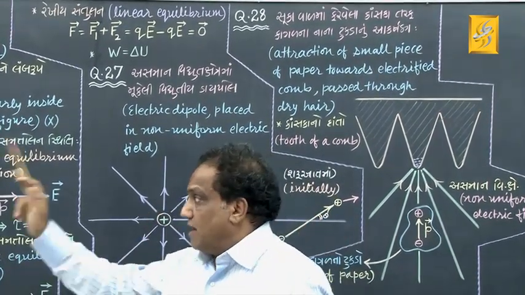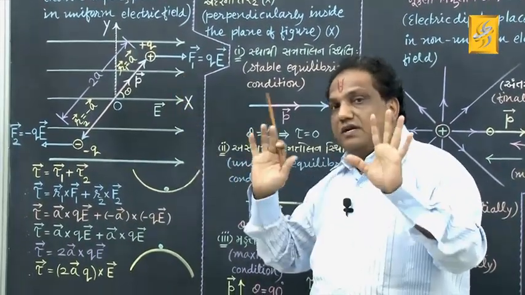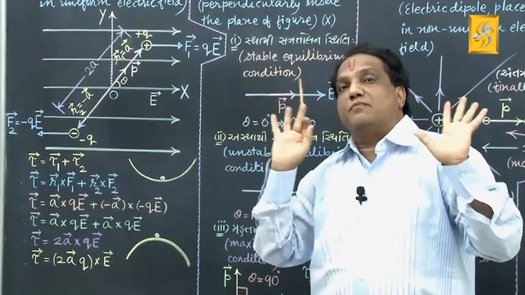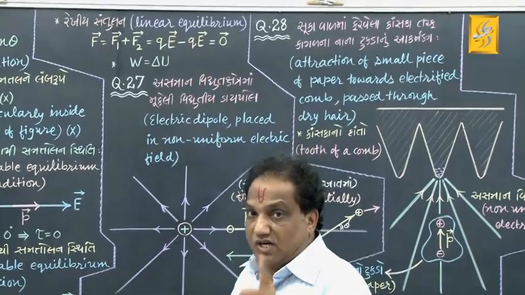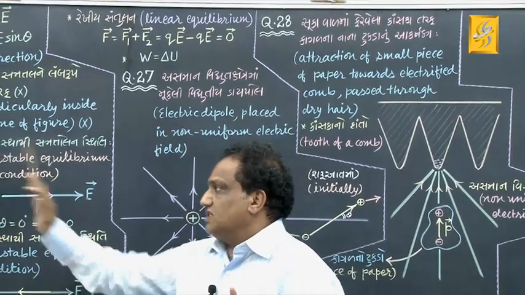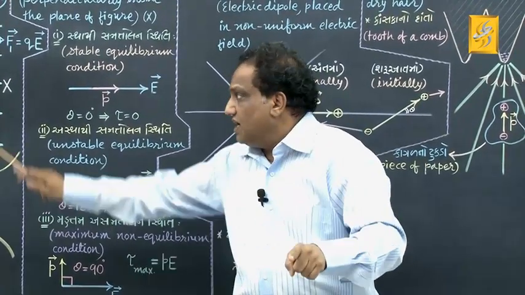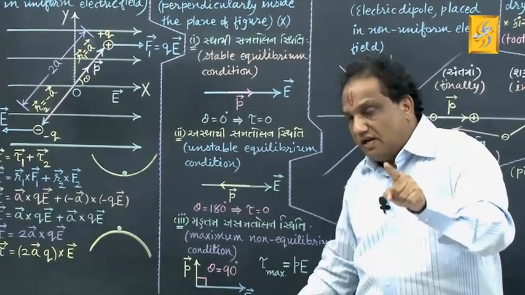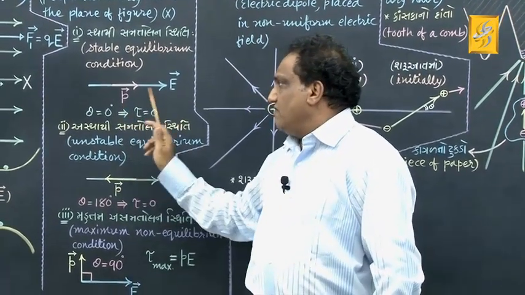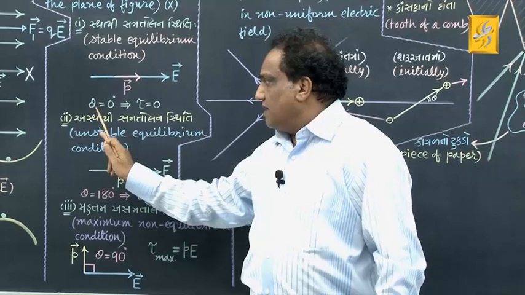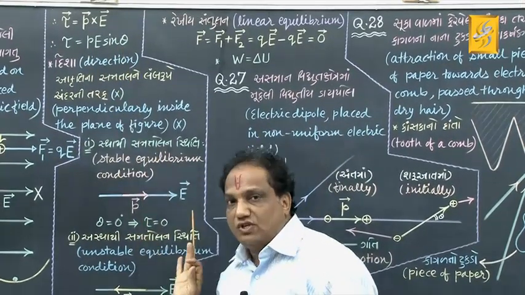So when you place a dipole in a uniform electric field, it remains in linear equilibrium because the resultant force is 0. But the resultant torque is not 0, and it will continue to rotate till it becomes parallel to the electric field. Once vector P and vector E are parallel, theta becomes 0 degrees, sin 0 is 0, and torque will be 0.